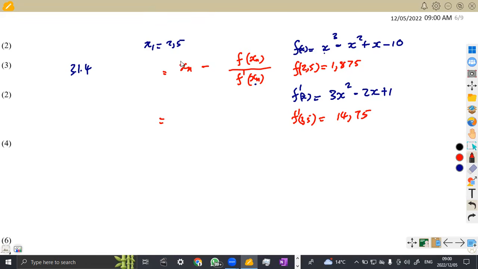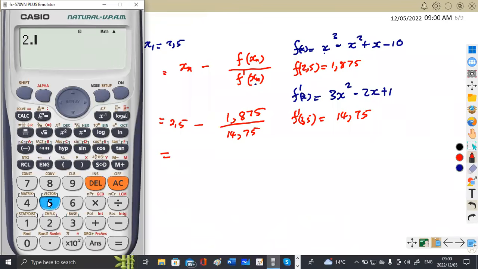Okay, so x naught being 2,5, you're going to have 2,5 minus f of x naught, which you got here, which is 1,875 over 14,75. So this is what you're going to have, which is 2,5 minus the fraction 1,875 over 14,75.